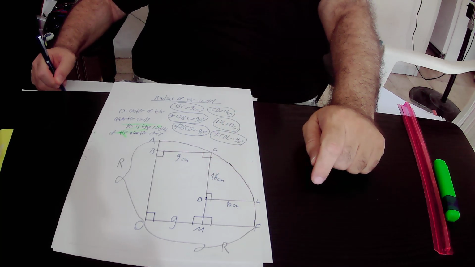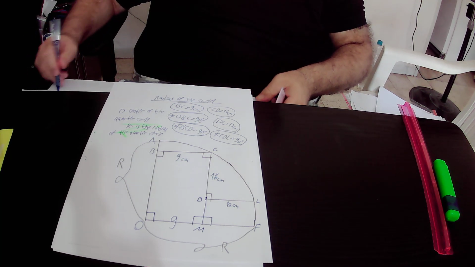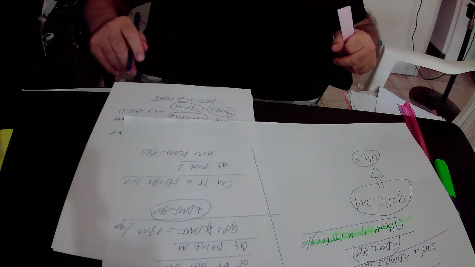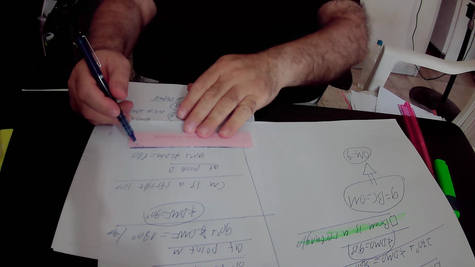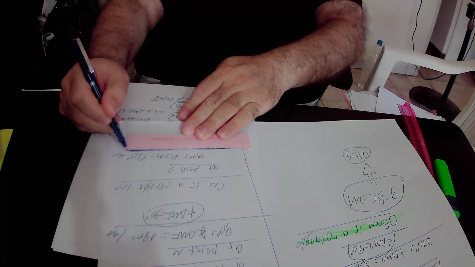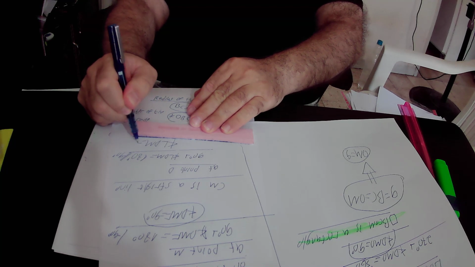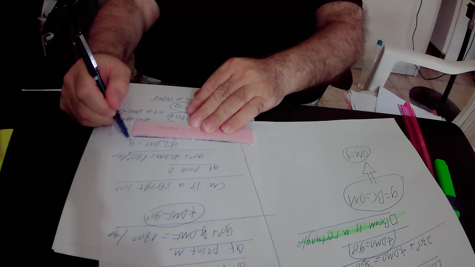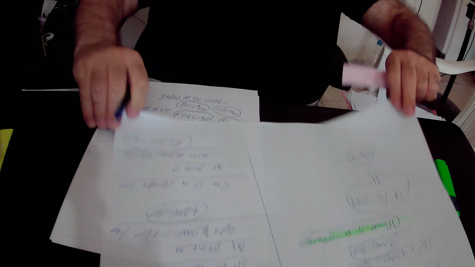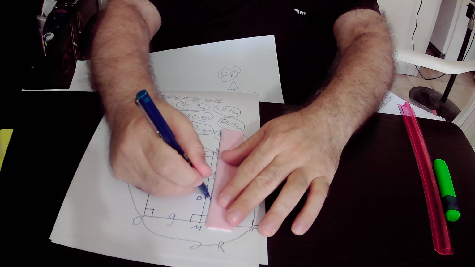In total, the sum of those two angles must be equal to 180 degrees according to the rule that the sum of the angles on one side of a straight line equals 180 degrees. So here 90 degrees plus angle LDM must be equal to 180 degrees. We subtract 90 degrees and we get that the missing angle LDM equals 180 degrees minus 90 degrees, which is 90 degrees. It is a right angle.